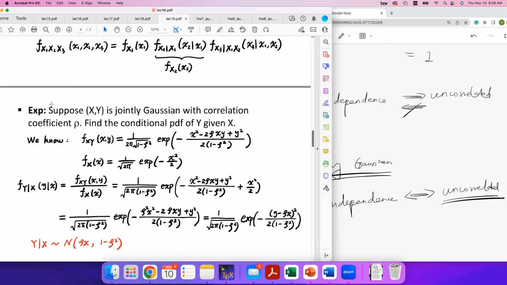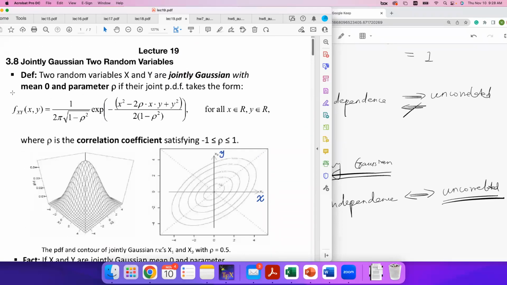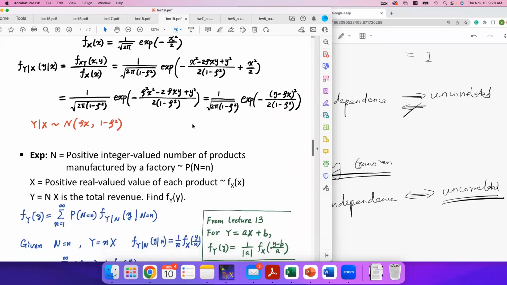In this example, we suppose x and y are jointly Gaussian with correlation coefficient rho. Now, given this sentence, we can write down the joint PDF of x and y. It is basically given at the very beginning. This joint PDF.